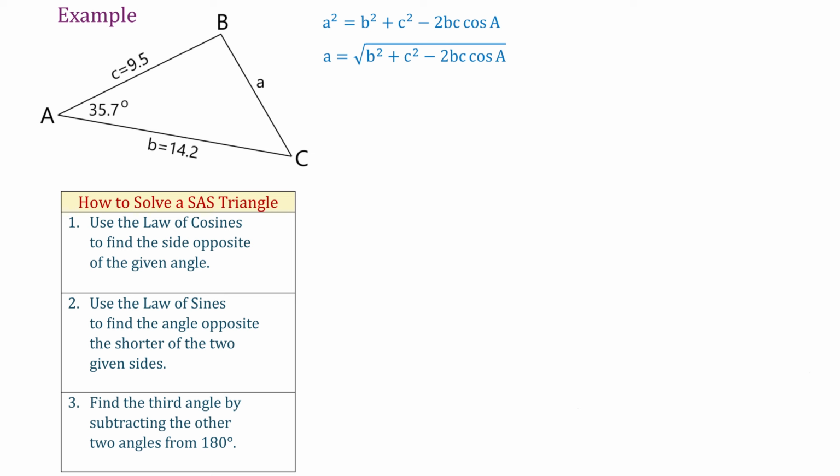If in this formula we replace the given data, then we will have A equals square root of 14.2 squared plus 9.5 squared minus 2 times 14.2 times 9.5 cosine of 35.7 degrees.